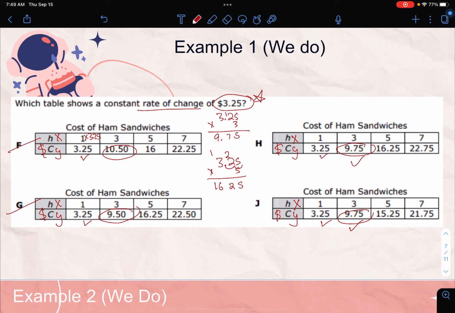Move the decimal 2 times. This one is wrong. This one is right, so I can cross off. I'm left with H. So again, you're just multiplying the x's by your rate of change.